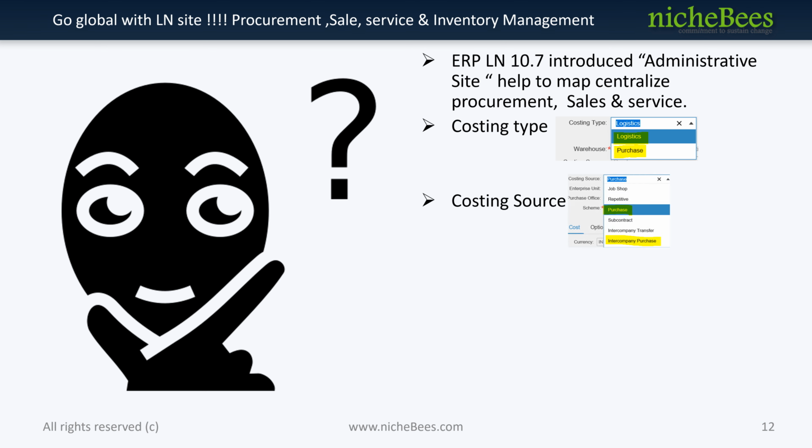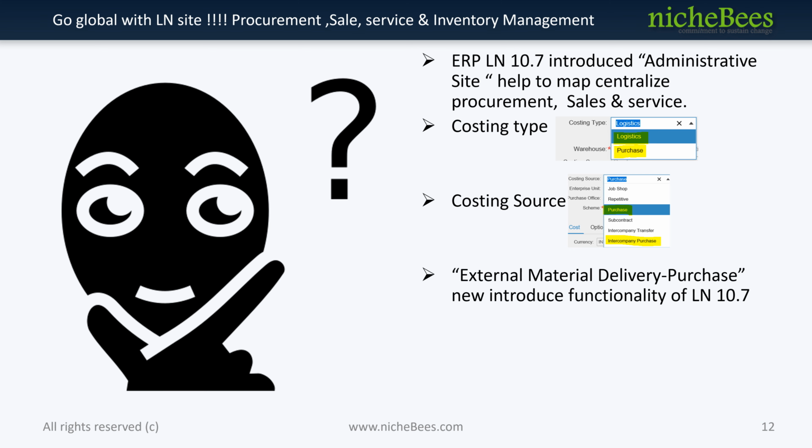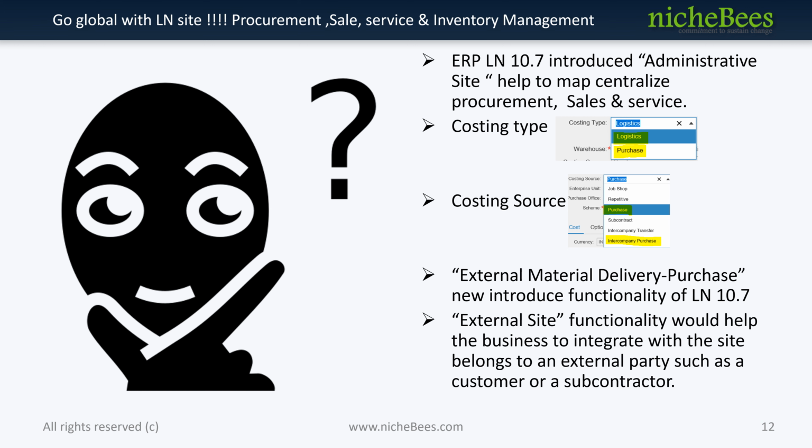For more detail, we will see the upcoming slides. The external site was introduced to map central procurement. It helps the business integrate with a warehouse or location which belongs to an external party, such as a customer or a subcontractor.